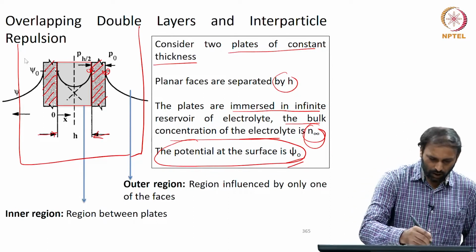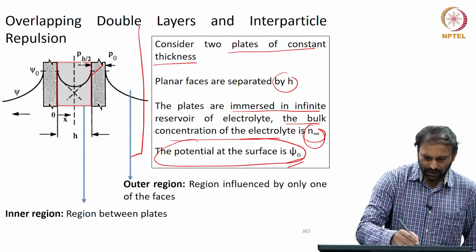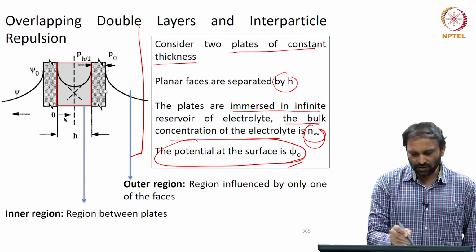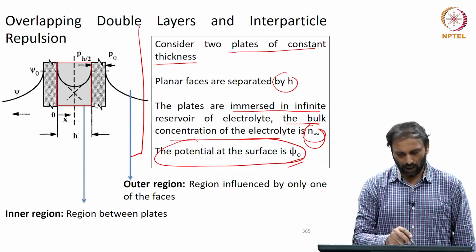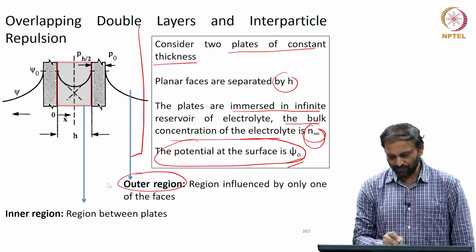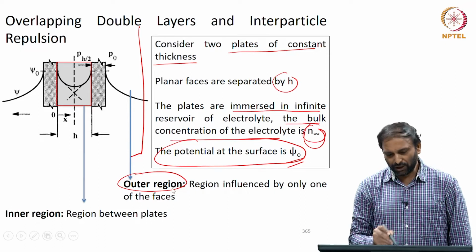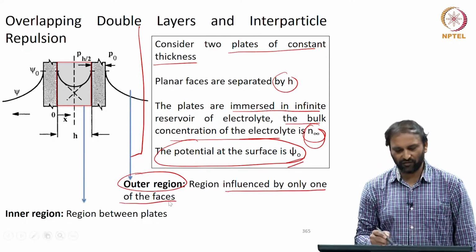Now, what is shown here is that there is a region between the two plates, and there is a region outside. So, we are going to name two regions. The outer region, the potential in this region is influenced by only one of the faces.